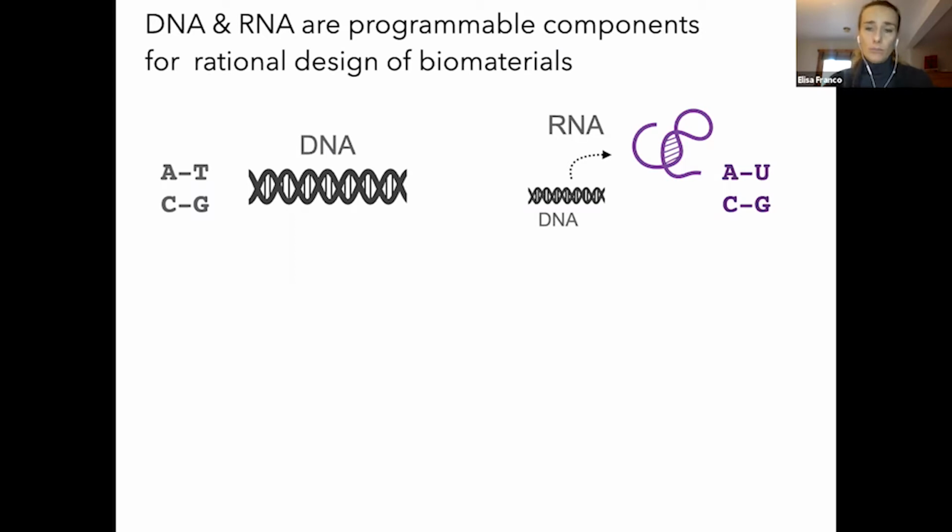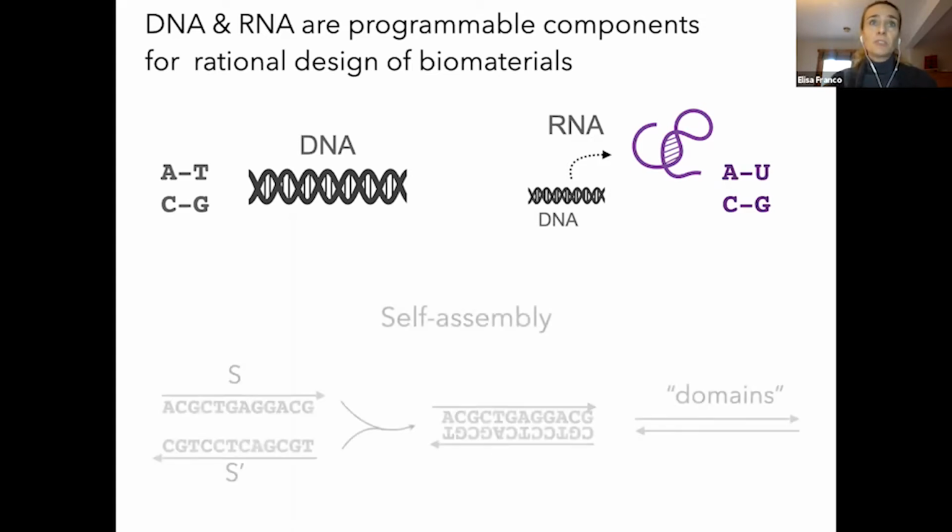And how those bases will interact depends on the sequences of bases of the strands. RNA is basically a more complex version of DNA. The chemistry is slightly different, but on an abstract level, we can think about it in a similar way. We can program how it behaves and the interactions of multiple RNA molecules by programming the sequence, okay?